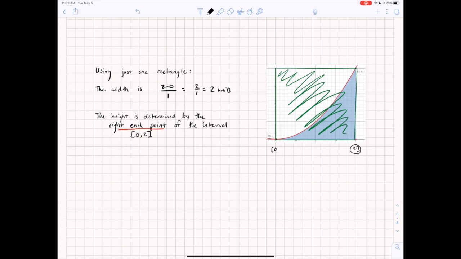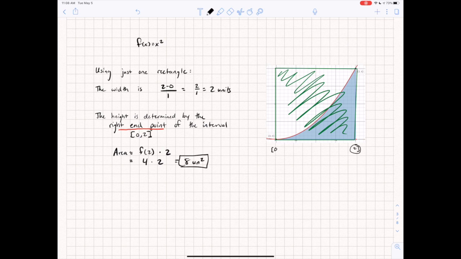Then I can calculate the area for my approximation, which would be f of 2, so 2 squared, times my width of 2 units. Again, f of 2 just means I want to plug 2 into x squared. That's the function we have. Then I would get 4 times 2, which is 8 square units for my area.